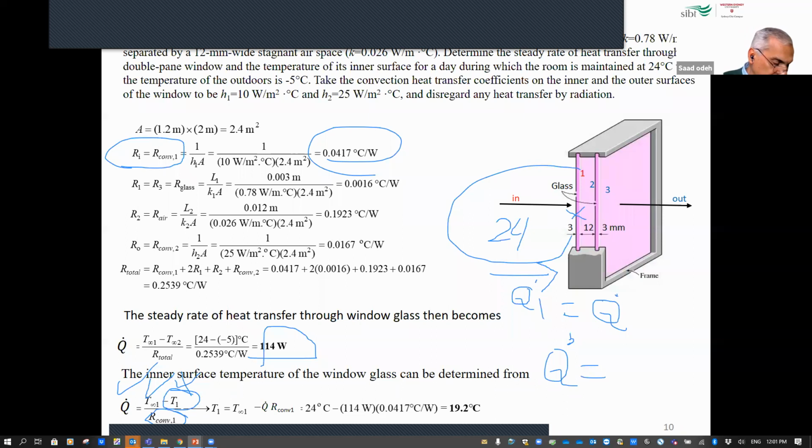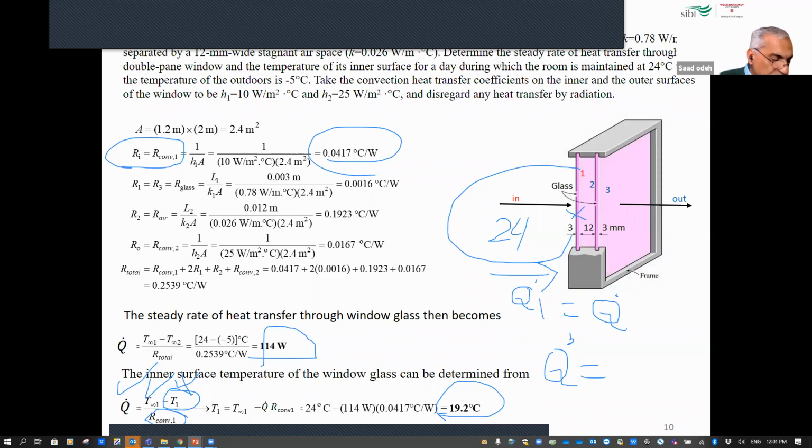And we can see that the glass temperature is lower than the room temperature, which is correct. Because the room inside is 24, and as you go toward the outside, the temperature of each layer will be lower than the previous layer.